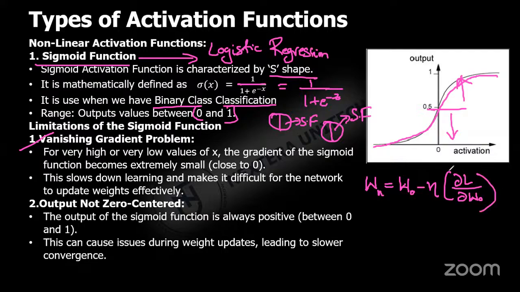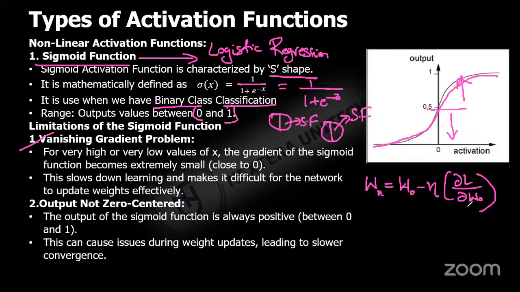So when the model is in backward propagation, it tries to update the weights and bias using this formula. When it uses the formula, it has to calculate this gradient. This part is called gradient: derivative of loss divided by derivative of old weight.